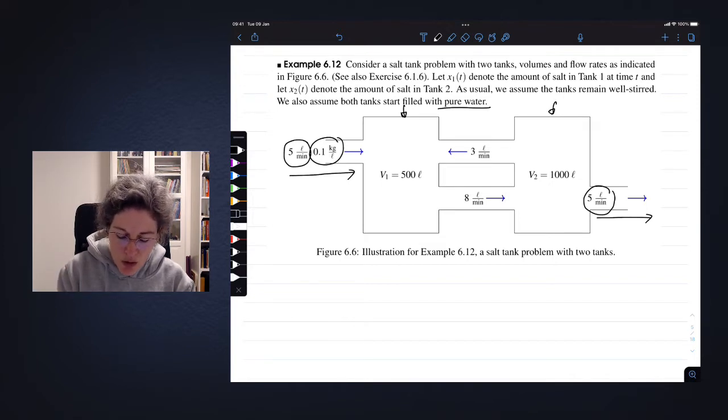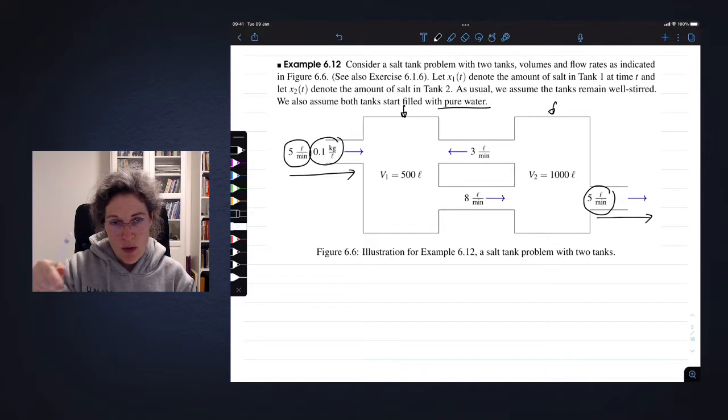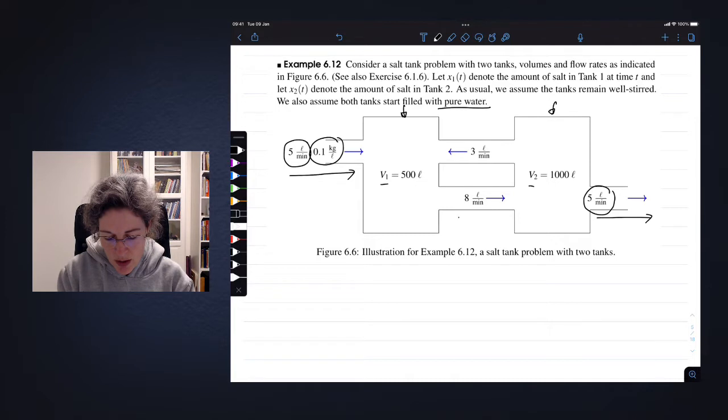But we've also got a situation where we're trying to mix the water in these two tanks. So we're going to pump the salt mixture from tank 1 to tank 2 at a rate of 8 liters per minute, and it's going to go back at 3 liters per minute from tank 2 to tank 1.